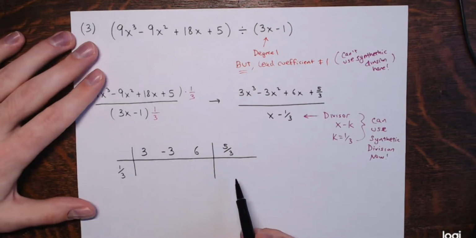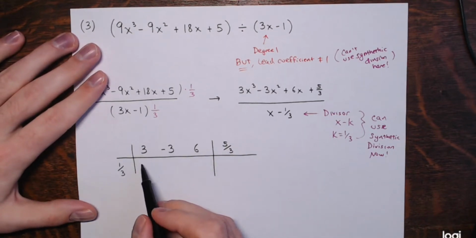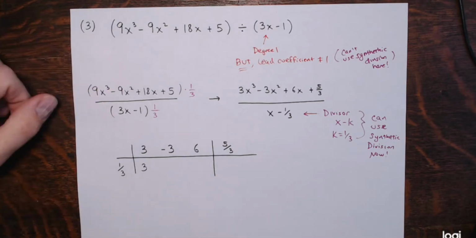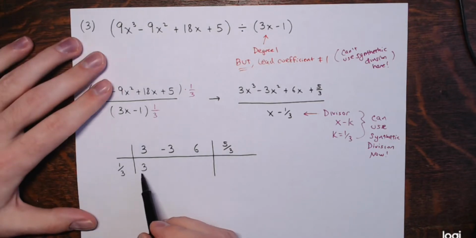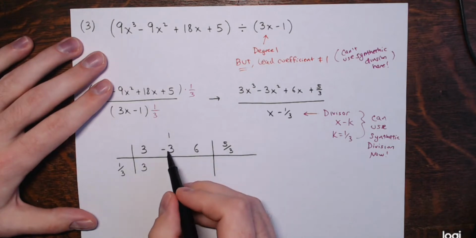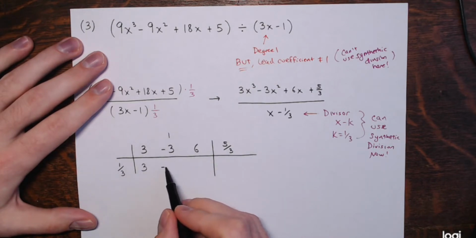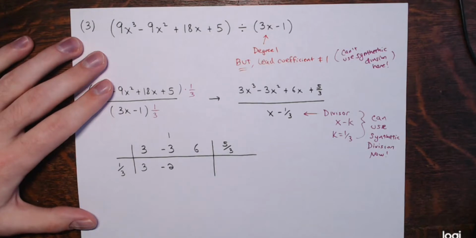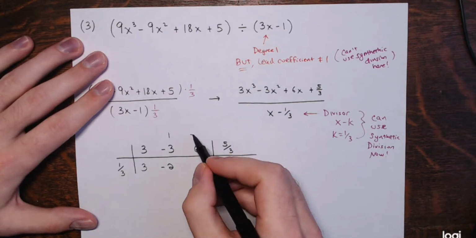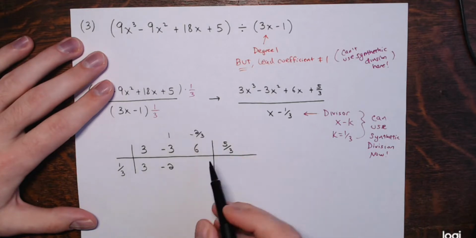All right, so then the steps: the lead coefficient just copied down. Then I multiply by k. Now 1/3 times 3 is 1. 1 plus negative 3 is negative 2. 1/3 times negative 2 is negative 2/3. Now you gotta be careful.